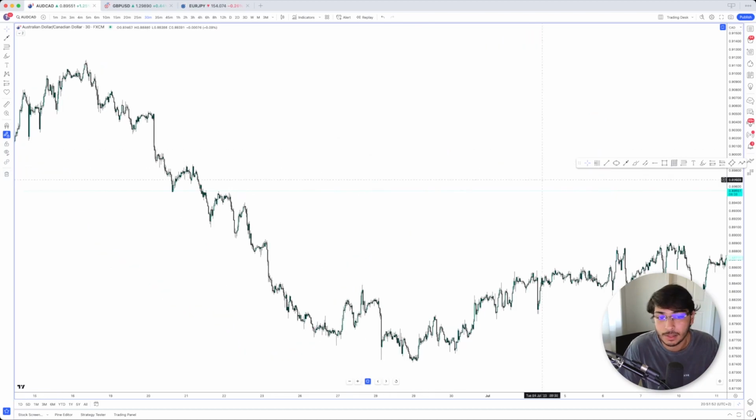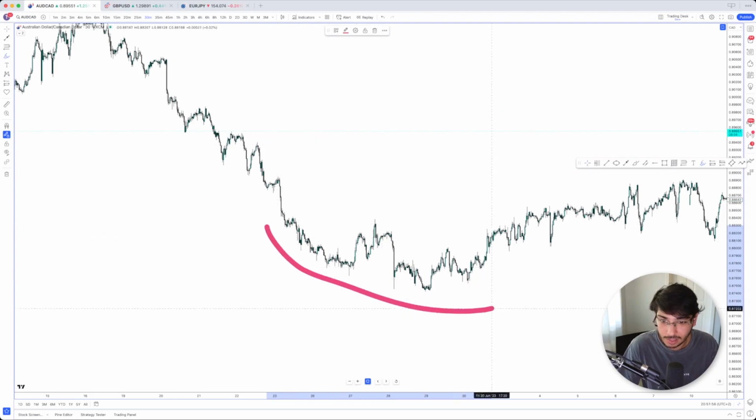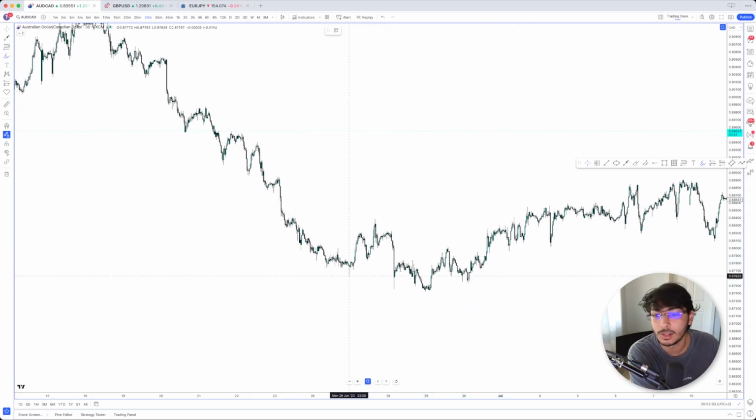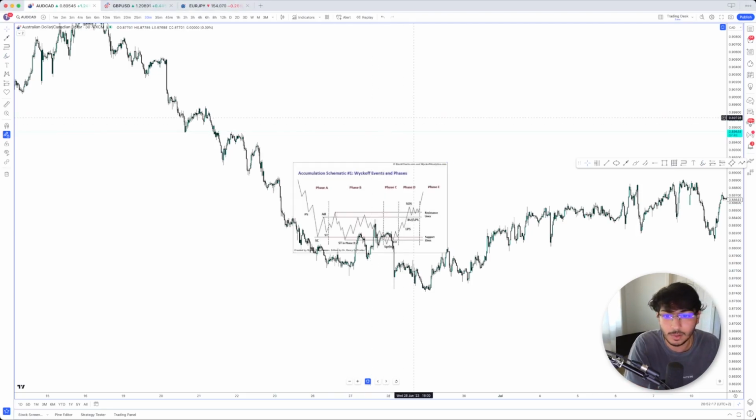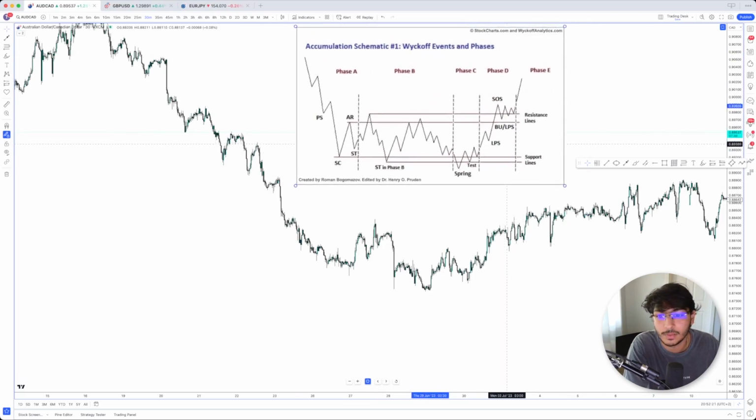In regards to AUD CAD, when my friends started asking me for opinions, I started looking at price in this range right here. I don't even think this may have existed yet. But in regards to what we were looking at, I was saying that price very much looked like this type of schematic, right?